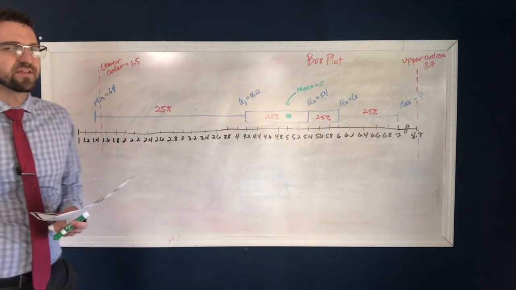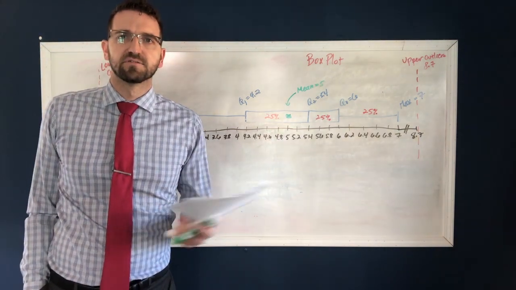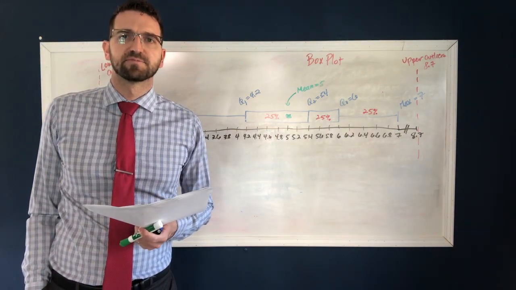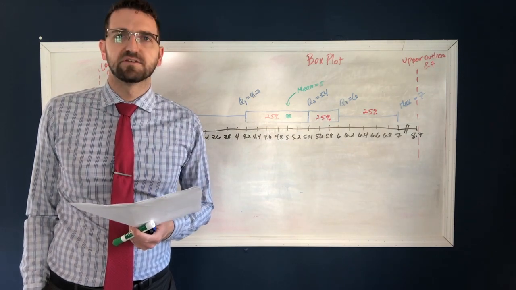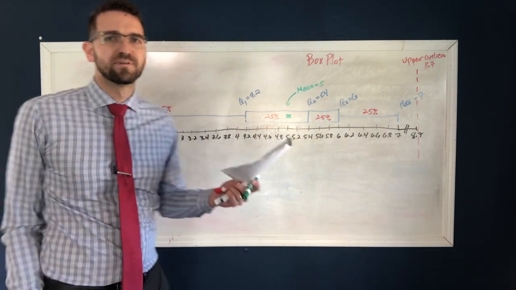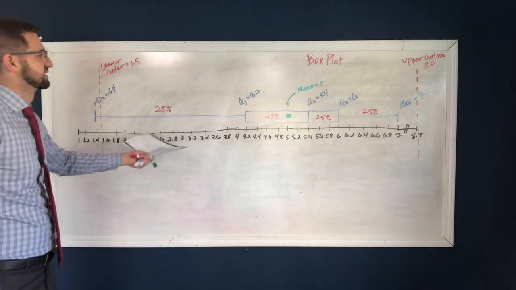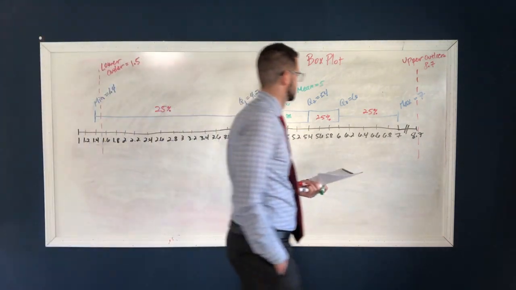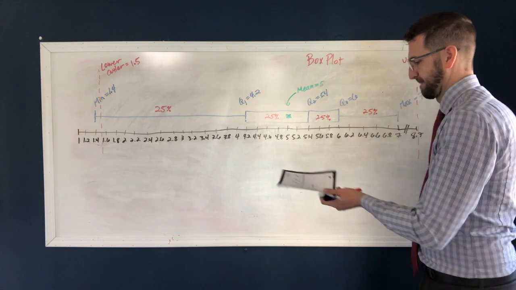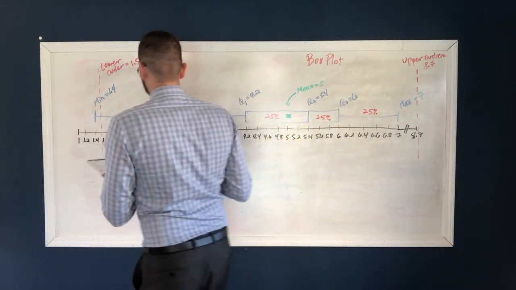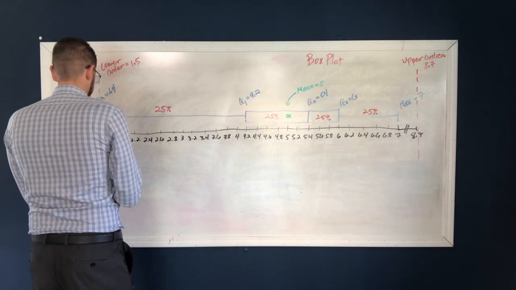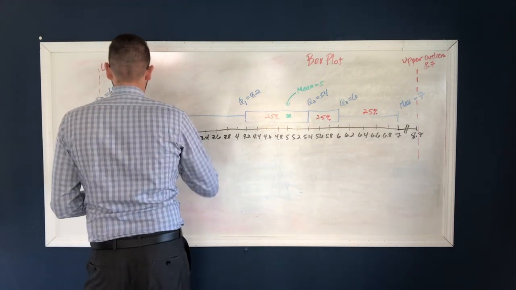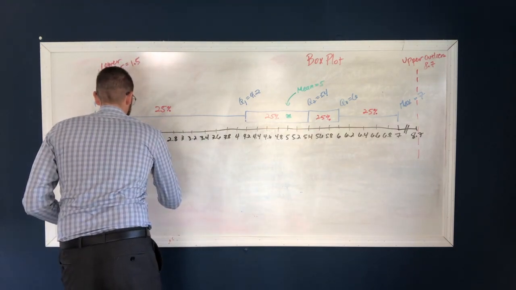So another way to talk about skew, right? We talked about skew in chapter 2 when we dealt with frequency. Another way to figure out skew is to look at the whiskers, if you will. These lines. Okay? So I'll write some rules for you.